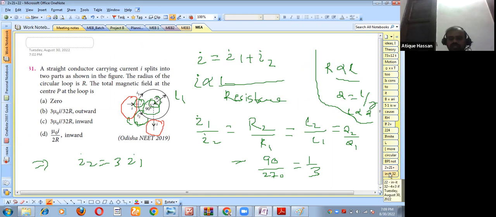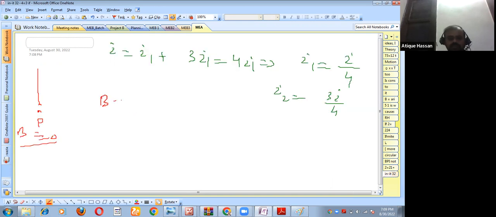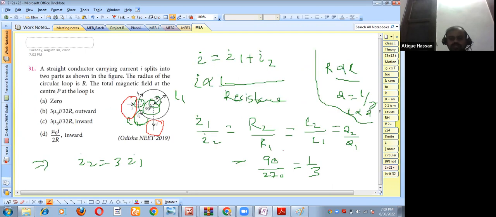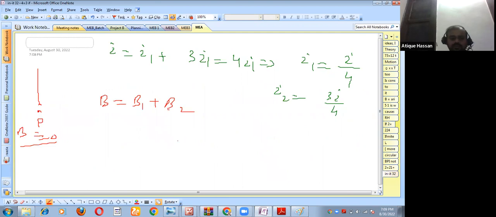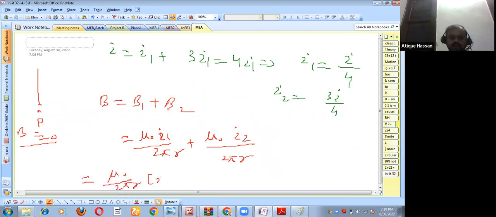So we can directly say that B will be equal to B1 plus B2, and we'll put the values. It will be equal to mu naught I1 by 2 pi r plus mu naught I2 by 2 pi r. So we will get mu naught by 2 pi r times I1 plus I2.